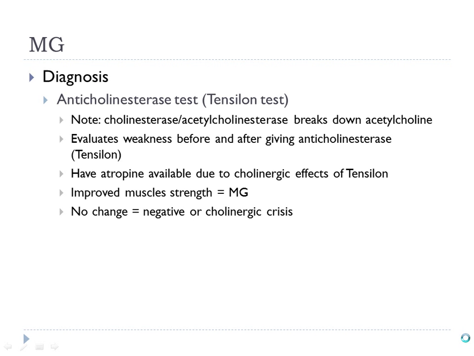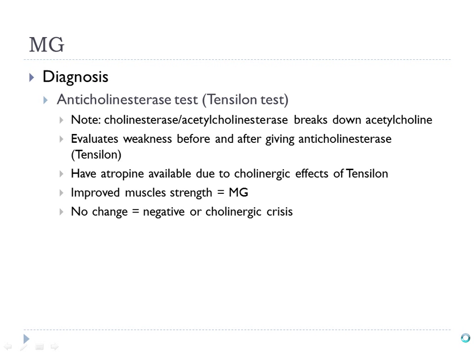So we don't want acetylcholinesterase around too much during this problem. What we do is give an anticholinesterase, Tensilon, to a patient to see what happens. If they have improved muscle strength, that is indicative of MG. But if there is no change, then that's a negative test.